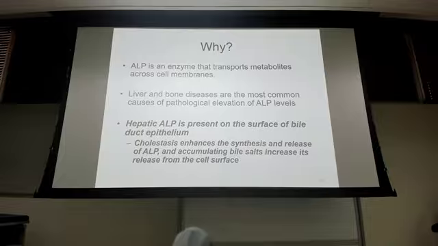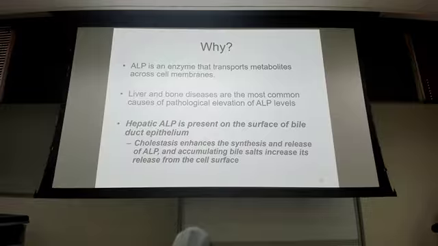Cholestasis, basically, you're not getting flow of the bile from liver to gallbladder, and alk phos is produced by the bile duct cells of the epithelium. When you're not getting the bile flowing, then alk phos is going to rise. Like I said, cholestasis, reduced flow of bile from the liver.